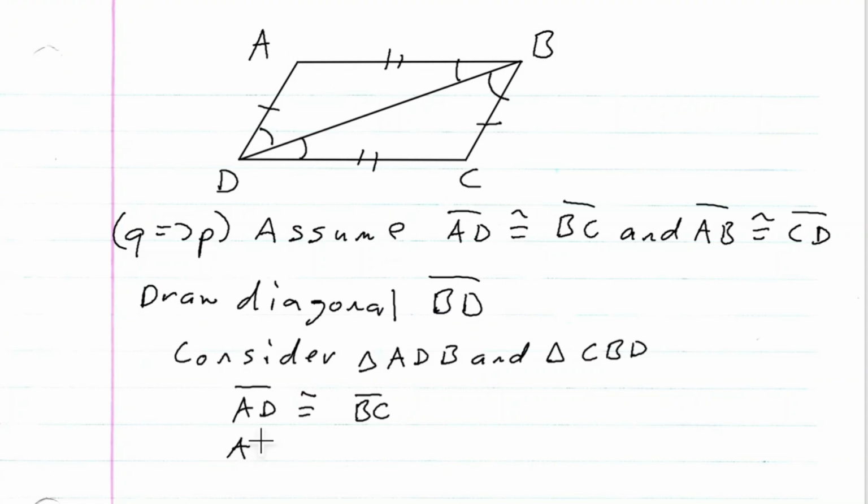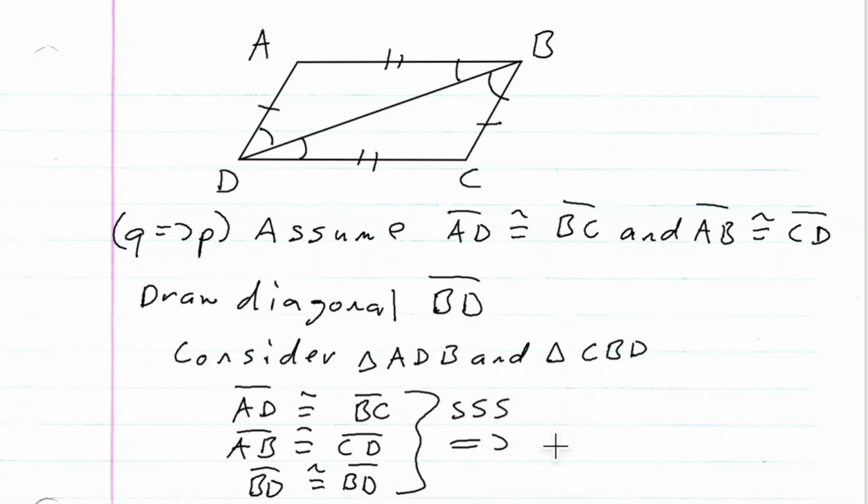I know that AB is congruent to CD. And I know that BD is congruent to BD. So these three things imply by the side-side-side congruency postulate that triangle ADB is congruent to triangle CBD.